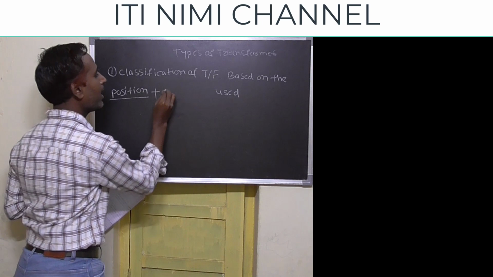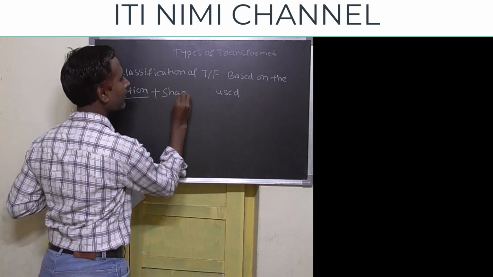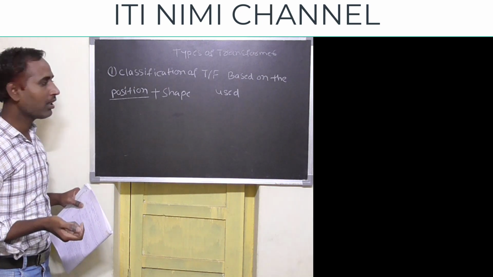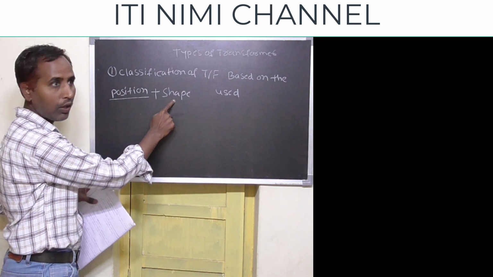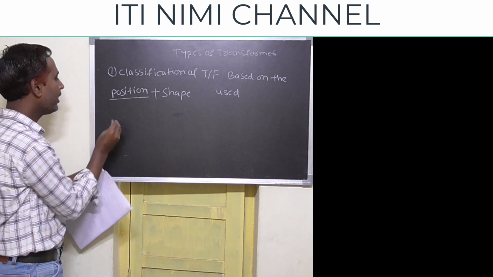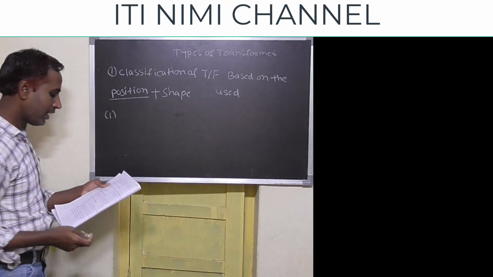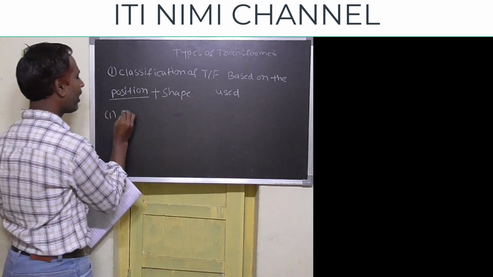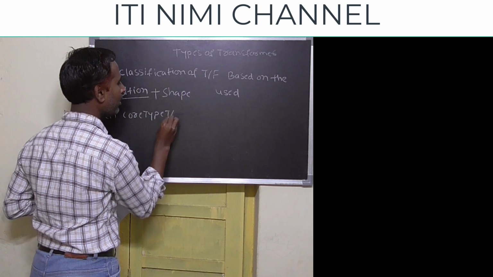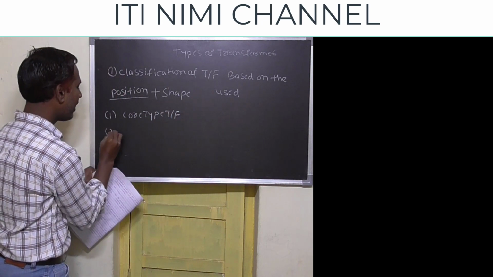Second one is shape of core. We are further dividing the transformer on the basis of shape of core and position of the primary and secondary winding. So in this type of transformer, we are dividing the transformer into core type transformer. Second one is shell type transformer.